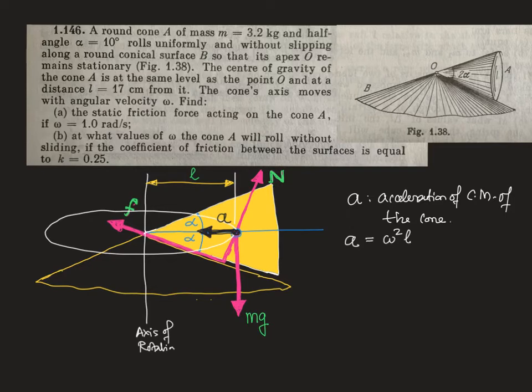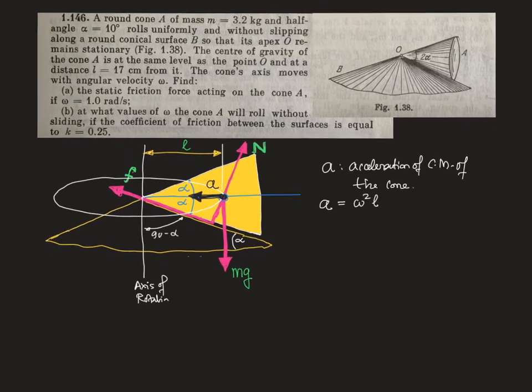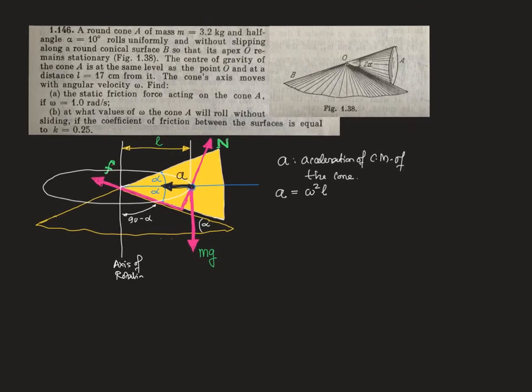As this is the semi-angle of the cone, this angle is also alpha, because this angle is 90 degrees minus alpha. The normal force will have components, so let's split it up into components.